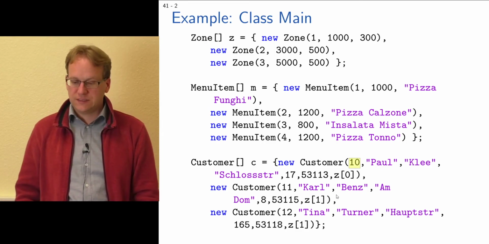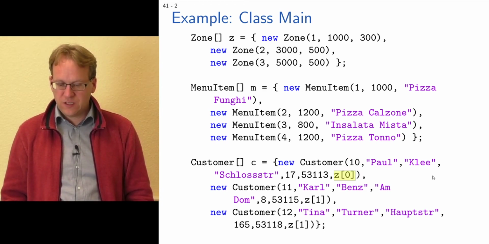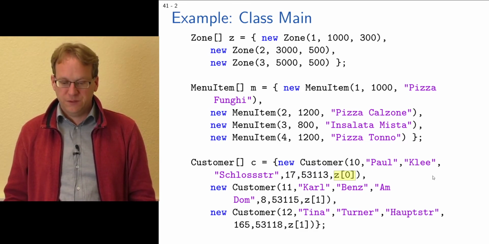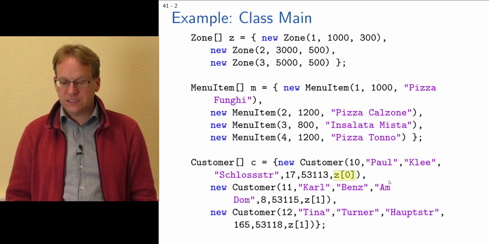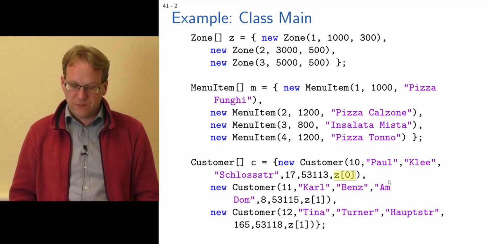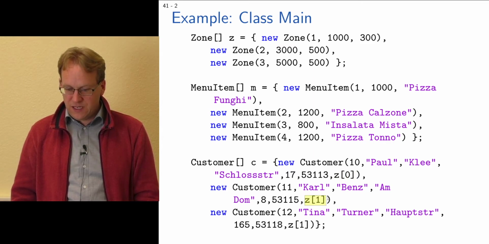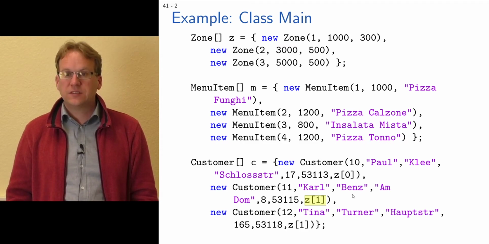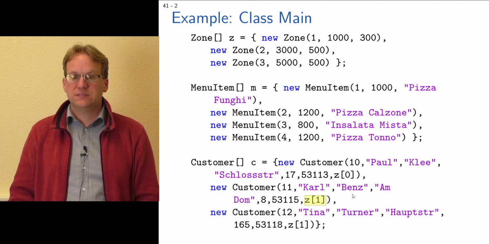And the zone now is somehow interesting here, because to pass over a zone object to this constructor, I'm using the zones I have introduced beforehand, namely here. And with Z0, I'm referring to the first zone in my array Z. And with Z1, I'm referring to the second zone in my array Z. So keep in mind that in Java, this index of an array always begins with 0.